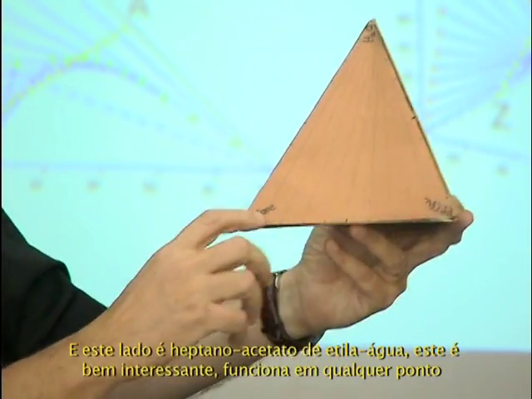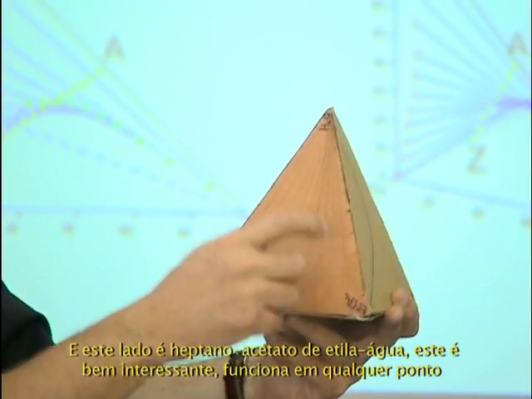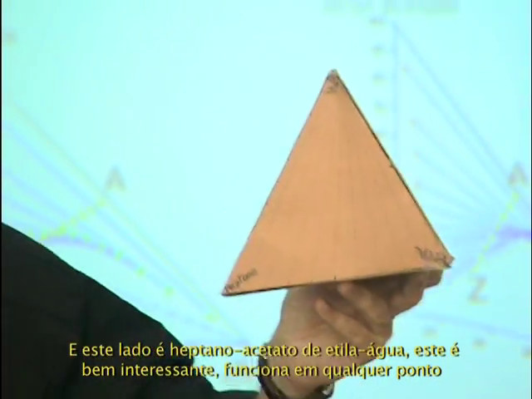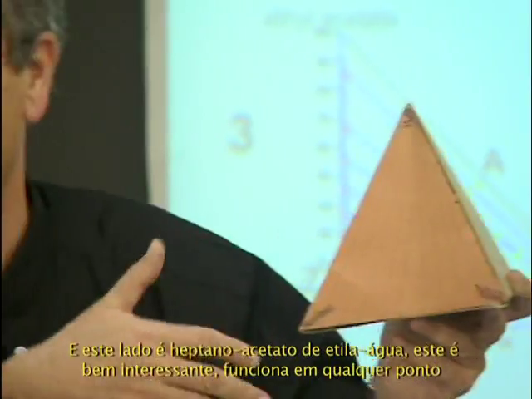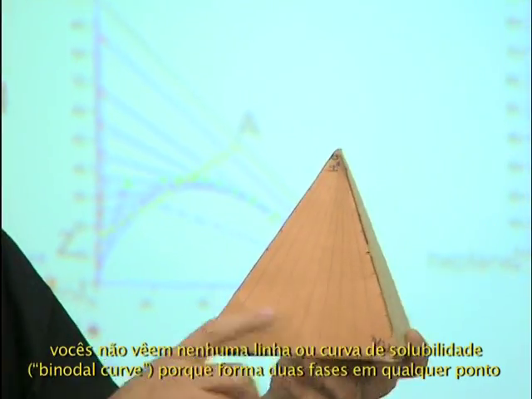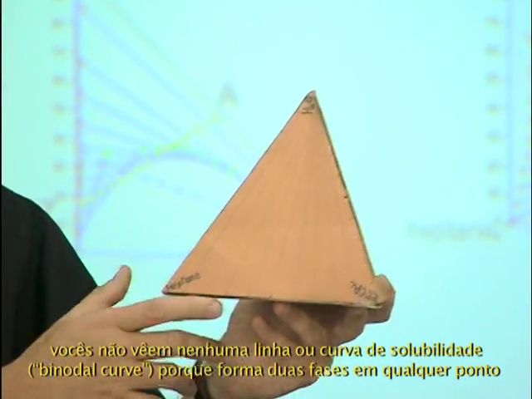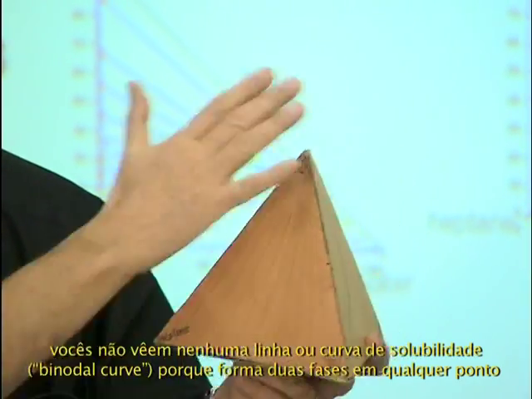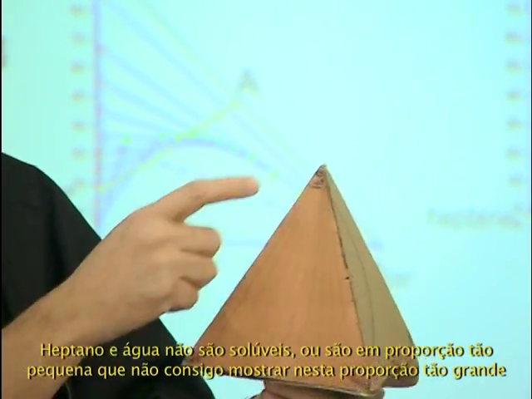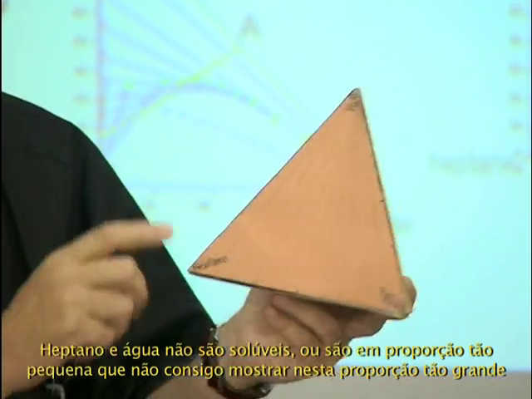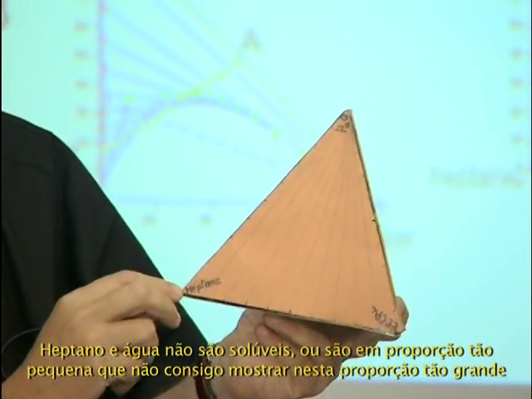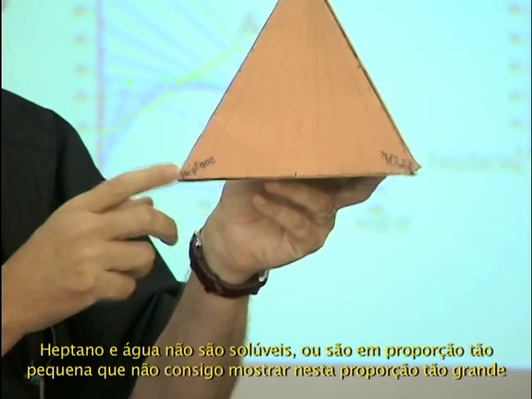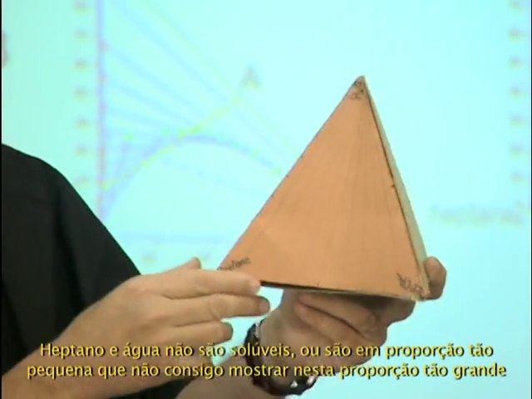And that one is heptane, ethyl acetate, water. Also, this one is very interesting. It works everywhere. You don't see any line on any binodal curves because it's 2 phases everywhere. Heptane and water are not soluble, or so small amount that I cannot show it on such a big diagram.